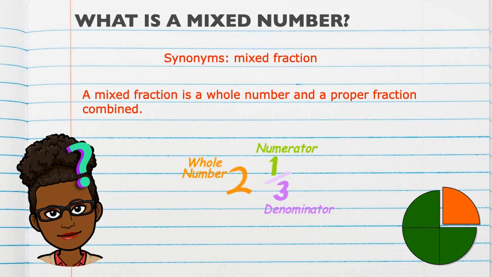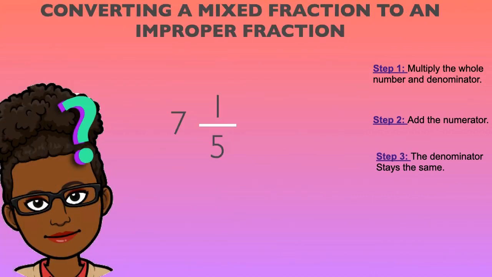Now, once we know what a mixed number is, it's very important for us to know how to convert that mixed number or mixed fraction to an improper fraction. Our steps are: 1. We multiply the whole number and the denominator. So 7 times 5 gives us, that's right, 35. Step 2 says that we add on the numerator. So let's add 1 to 35.